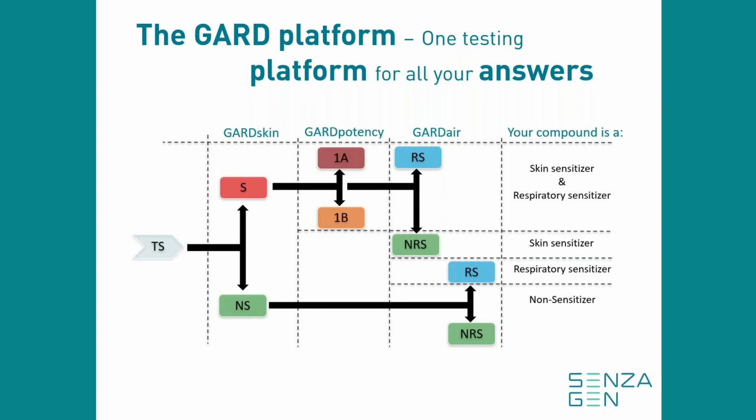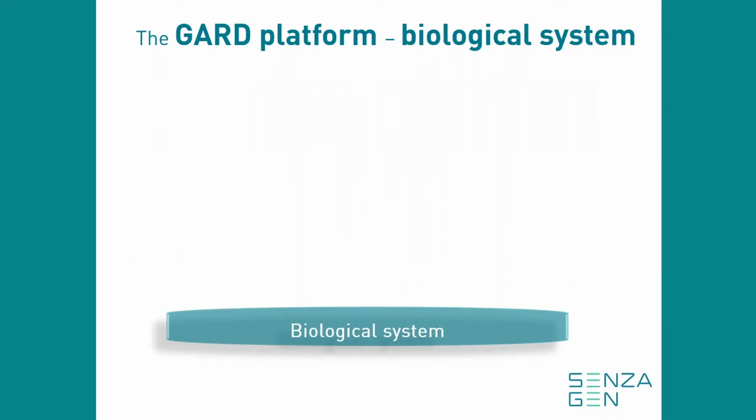I would like to continue this presentation now by describing the different modules in the GARD system. We believe that one of the most important steps, and also the first step, for construction of a mechanistically relevant model is to find a biological system that is capable of reflecting the endpoint that you try to predict.